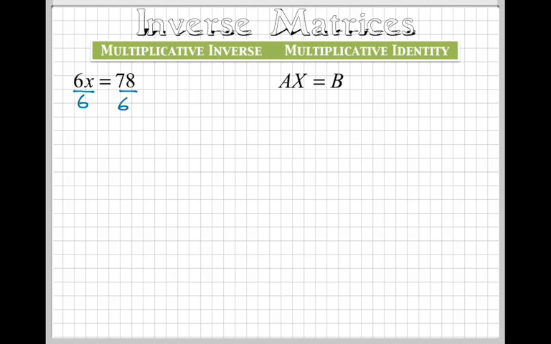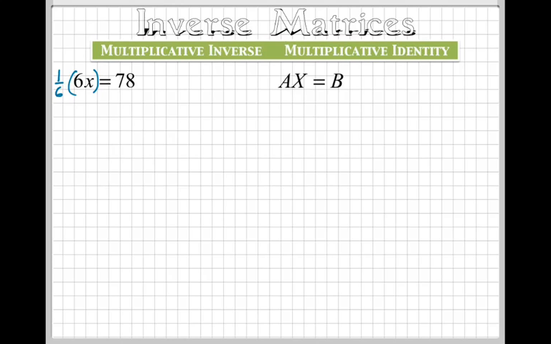But instead of dividing by 6, let's multiply by the inverse of 6, or some of you guys would say the reciprocal. Well, the inverse and the reciprocal are the same in this case because in multiplication, the multiplicative inverse, which is this word right here, is the reciprocal.